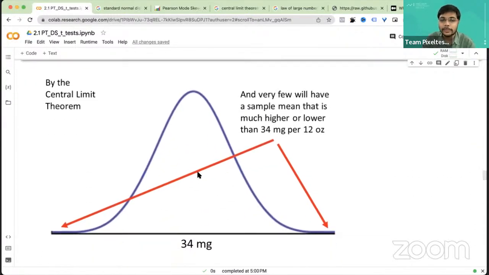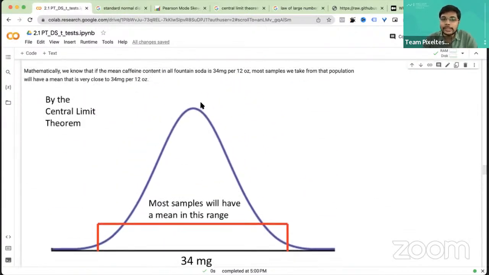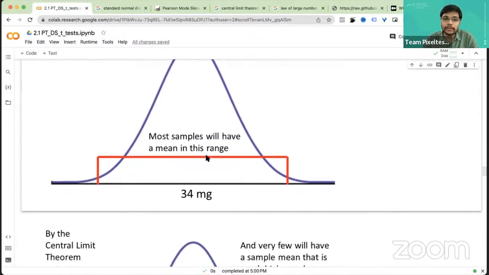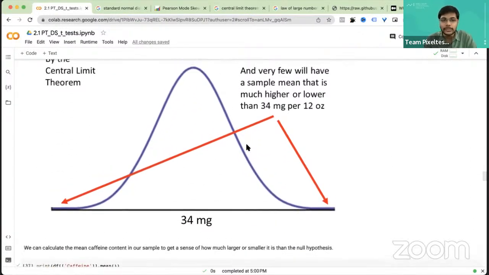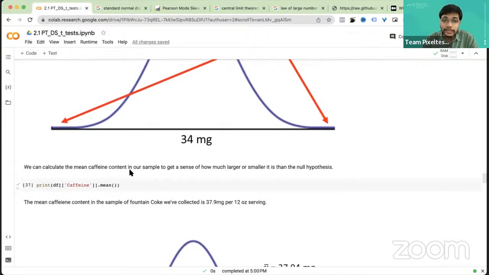By central limit theorem, if the actual caffeine here is 34 mg per 12 ounces, only a few samples will have either too low caffeine or too high caffeine. So if you understood this, you understood these two graphs, right? So when we calculate the mean caffeine content in our sample to get a sense of how much larger or smaller it is, then we'll understand while we are trying to test the null hypothesis, right?